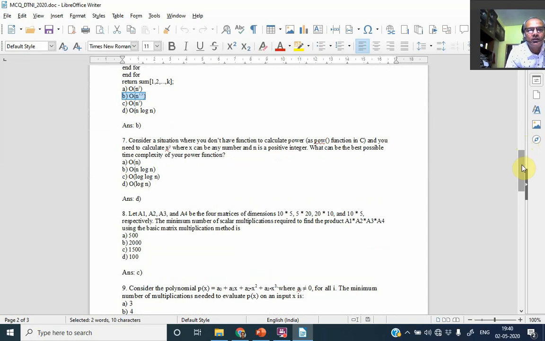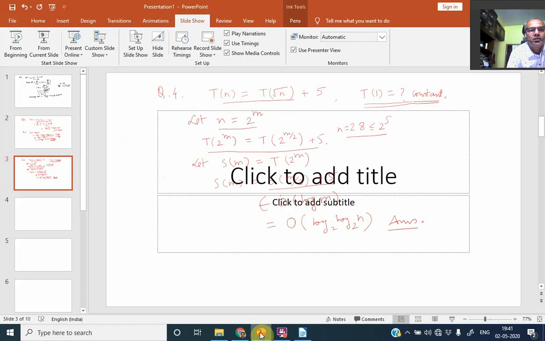Now consider problem 7, that I have told already. Consider the situation where you don't have a function to calculate power, and you need to calculate x power n, where x can be any number. Now you see the notations are in order notations, that means you have to find the upper bound, right? How do you do this? Go to the slide.